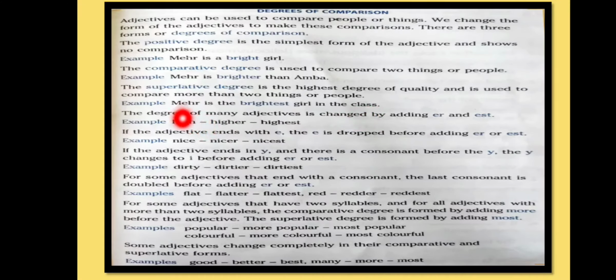For example, Meher is the brightest girl in the class. Here in the sentence, Meher is compared with many girls in the class, not only one girl. Meher is compared with more than two people.